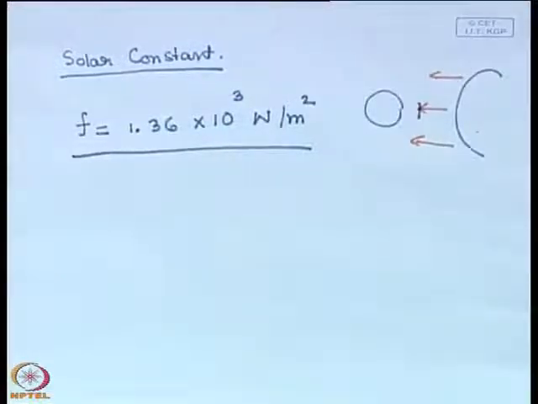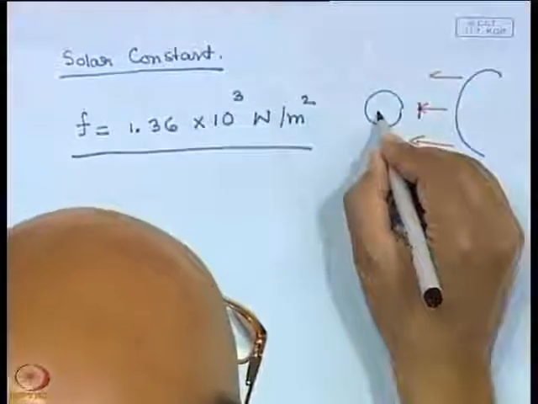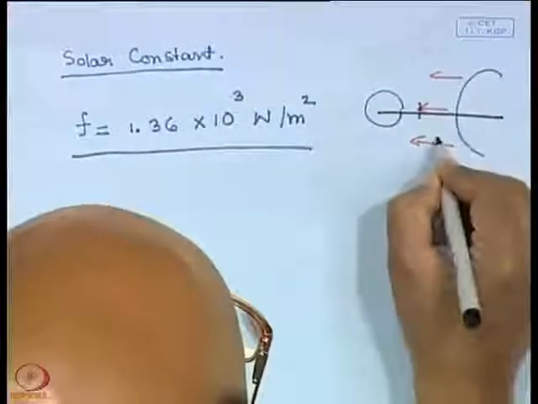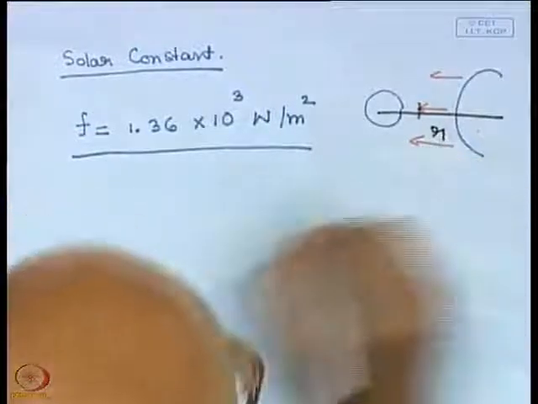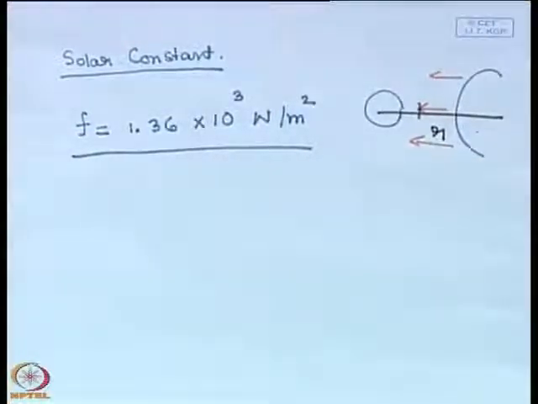Now the distance between the earth and the sun, let us call it r, is known from a variety of observations. We have not discussed it.